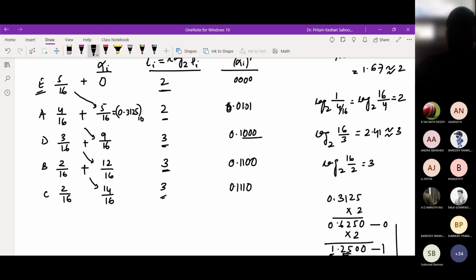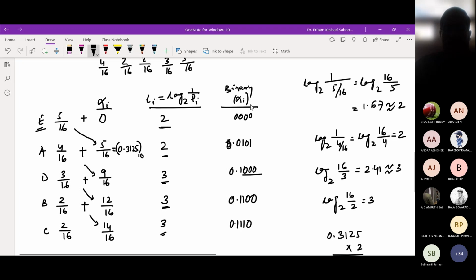You can take the decimal value up to a maximum length of 3, but it should not be less than 3. If you take any length higher than 3, there is no issue. But if you take a length less than 3, you will face difficulty and your answer will be wrong.